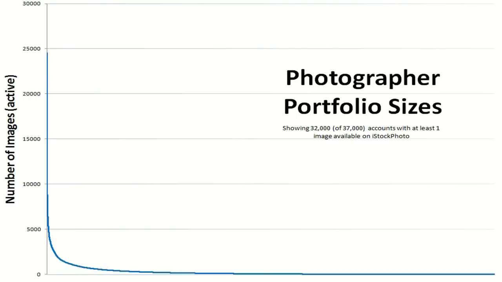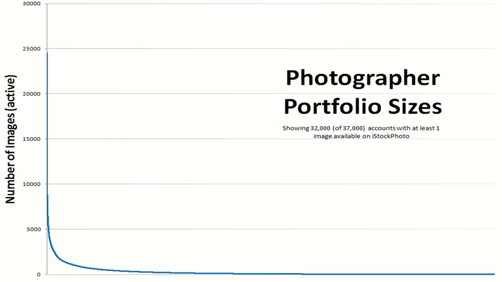If I take, for example, the portfolio sizes of photographers on iStock Photo, for accounts with at least one image, there are about 37,000 accounts. This chart shows the top 32,000, and it's a very clear long tail.